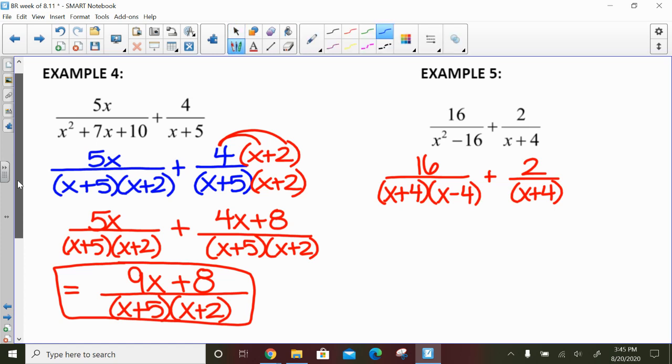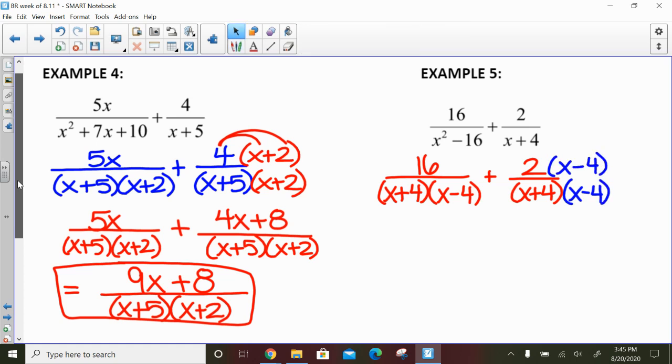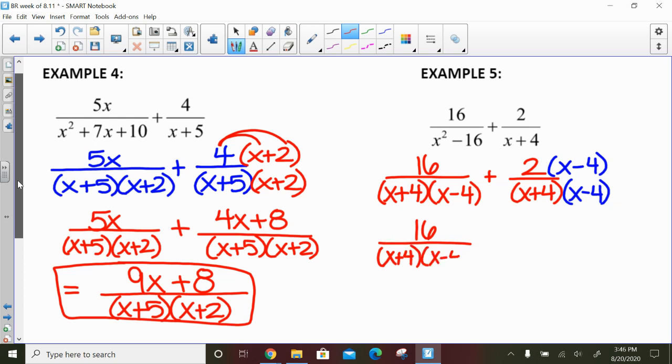So I need to make this x minus 4 happen over here. I'm going to bring down this side, just rewrite it. Okay, and then I'm going to distribute this 2. That'll be 2x minus 8.